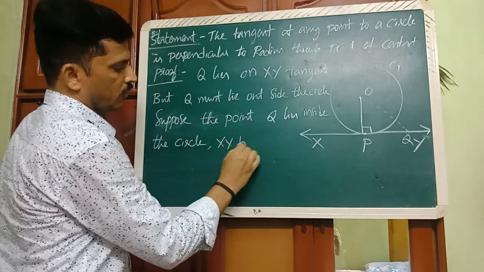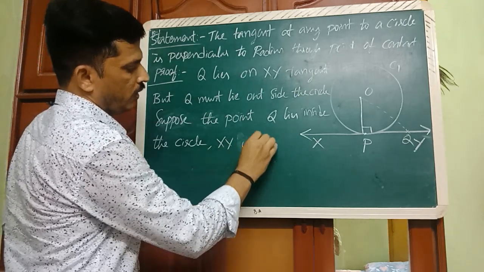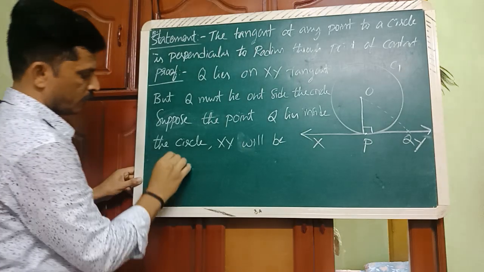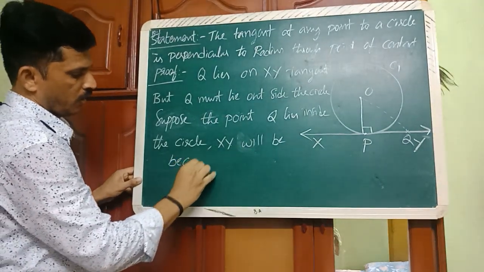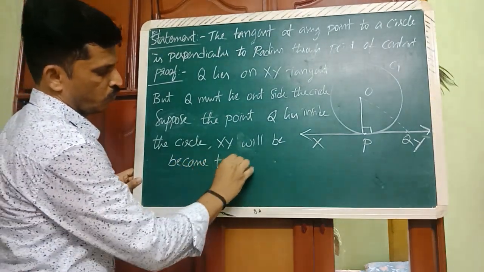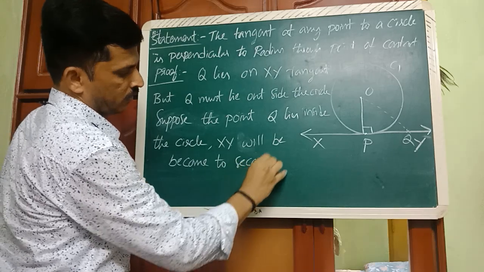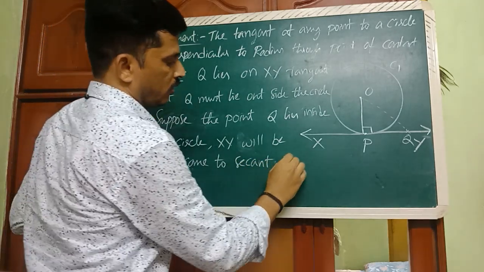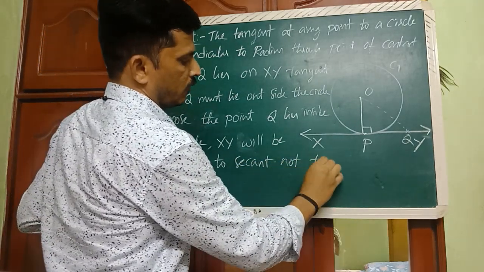XY would become a secant of a circle, not a tangent of a circle.